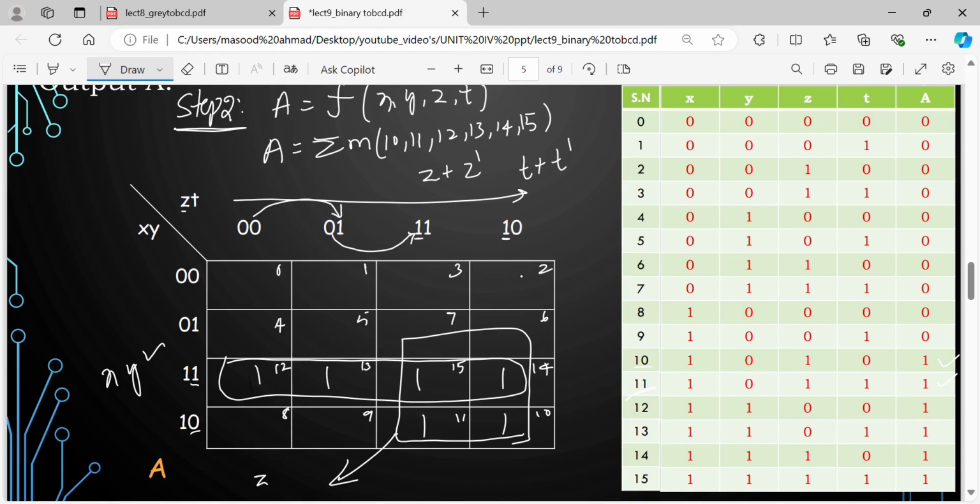So y is gone, and x is there. So it is xz. What is the expression for a? What is a? A is the output. So a is nothing but xy plus xz. This is the expression that I am going to get.